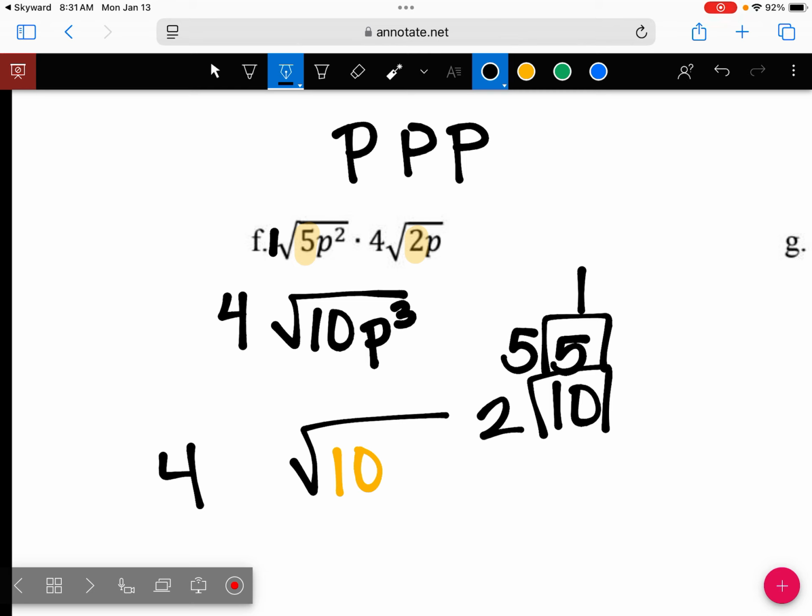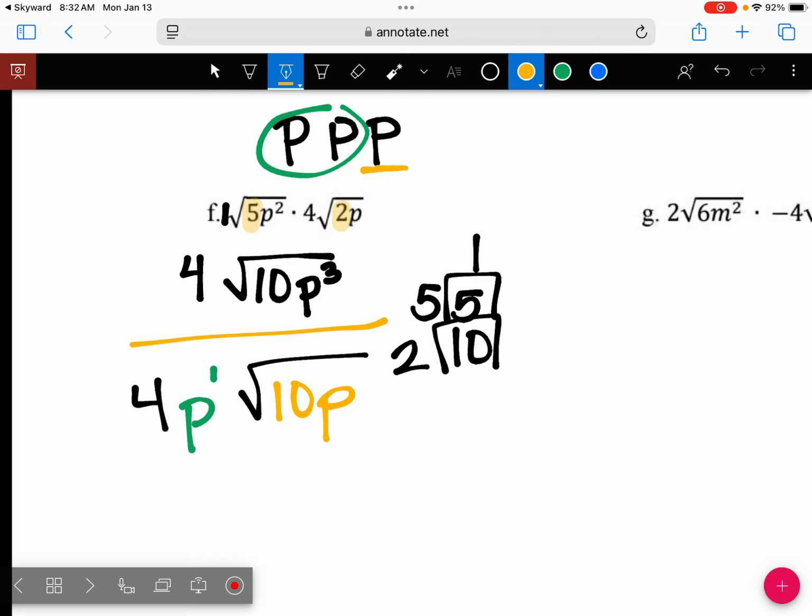How many pairs can I make with 3? Just 1. So 1 can come out. P to the first, that means 1 pair that can come out. But then there's 1 that has to stay under the square root with the 10. And that is your final answer.